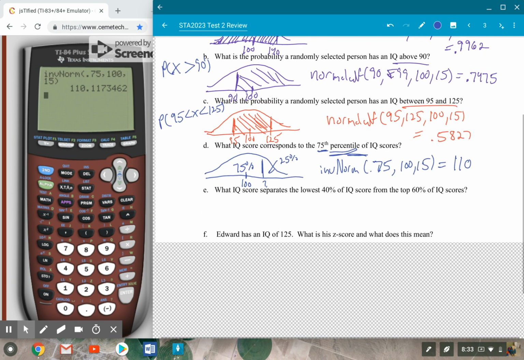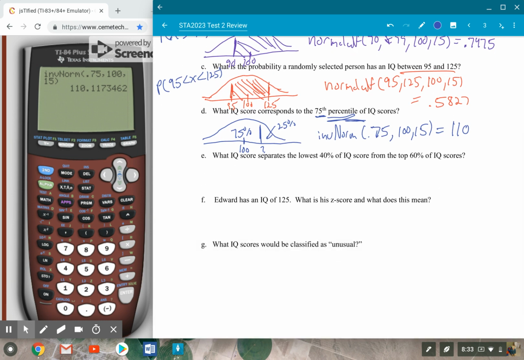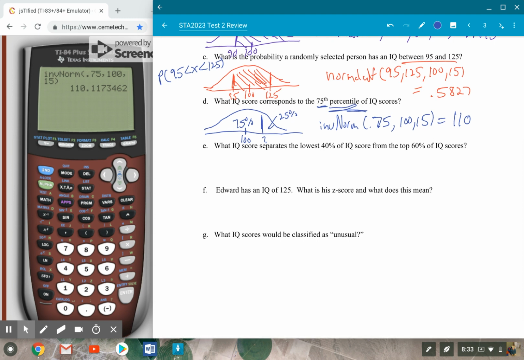Same idea on E. What IQ score separates the lowest 40% from the top 60%? So when I make my sketch, 100's in the middle. I'm going to be somewhere down here. So I've got 40% on the low side and 60% on the upper side. If I do it right at 100, you've got a 50-50 split in that case. So I'd move it down. So I've got 40 on the left, 60 on the right.